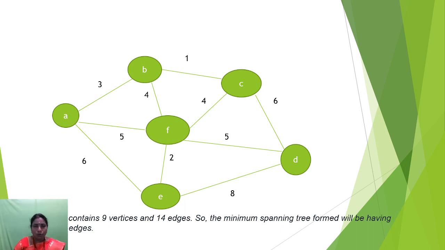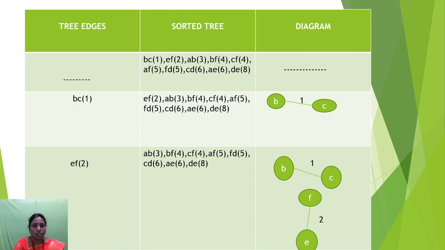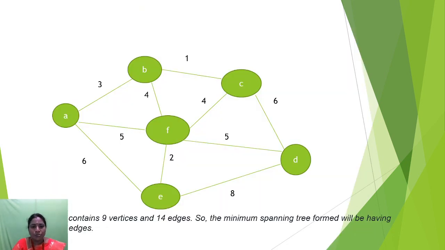This I include in the next tabular column. Similarly, EF is 2. So I assign the values ordering from lower to higher. BC with weightage 1 is first, EF with weightage 2 is second, and AB with weightage 3 is third.